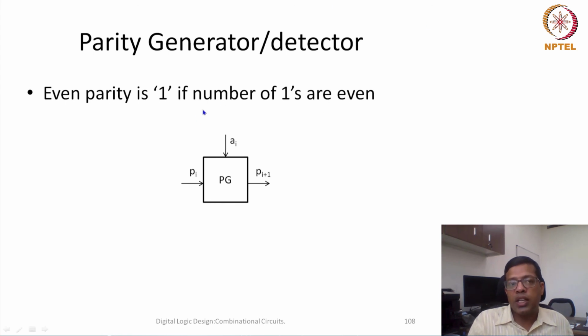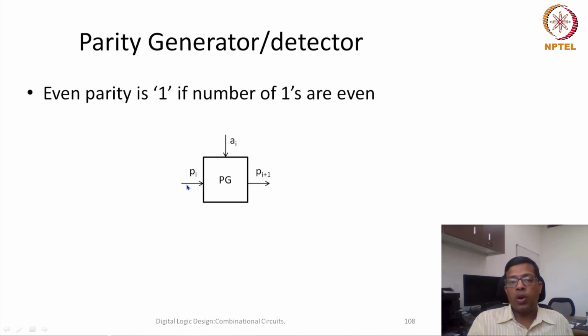Now since we are saying that even parity is 1 if the number of ones is even, this pi would be 1 if the number of ones in the previous bits, a0 to ai minus 1, was even and ai is 0.